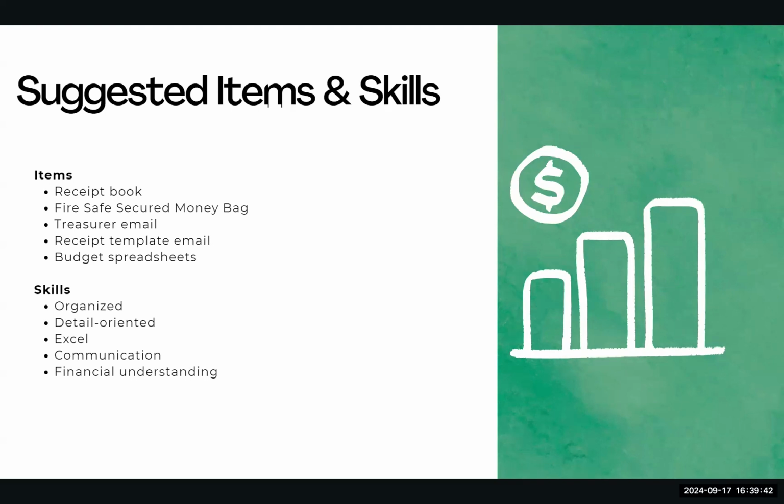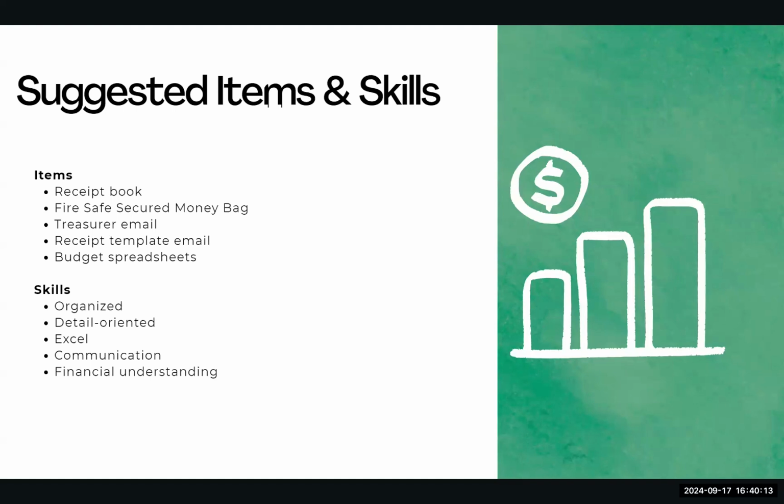A fire safe, secure money bag. If y'all have ever seen those green bags that people have at events when they're collecting money, I know it's probably like, oh, cute, the money bag, but really those green bags are also fire safe, so that your cash, if you're doing cash handling, can't get burned if a fire was to happen. Having a treasurer email separate from your own email account to keep all of your treasurer obligations in that one space.